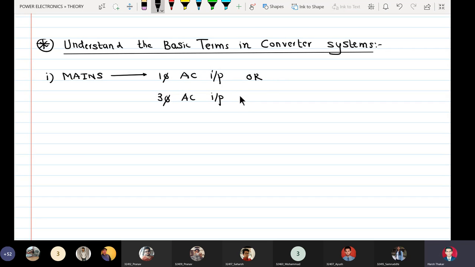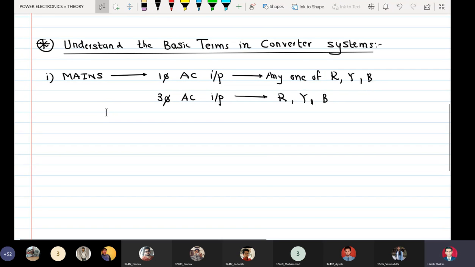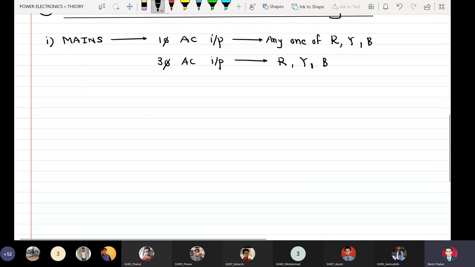When we say three-phase AC input, it means R, Y and B phase, and when I say AC input, it can mean any one of R, Y and B. Mains is also known as line.